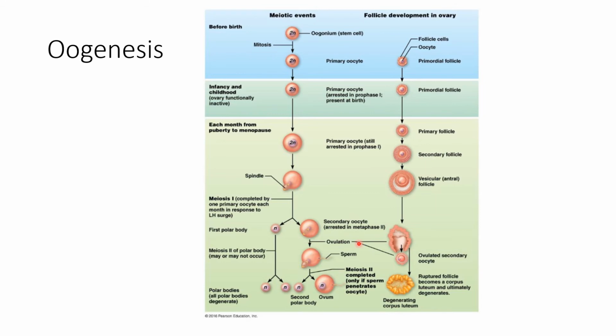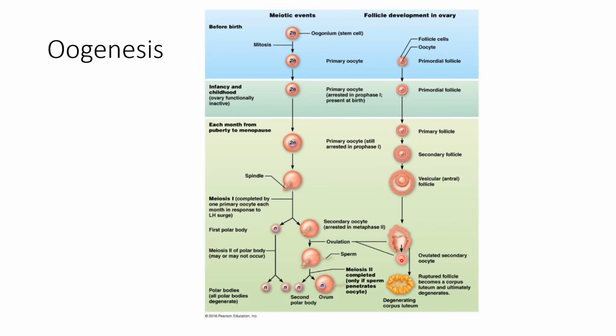This vesicular follicle, which is now carrying the secondary oocyte that's frozen in metaphase 2, is going to rupture open, as you can see right here. It's rupturing open, and it's going to release that secondary oocyte.